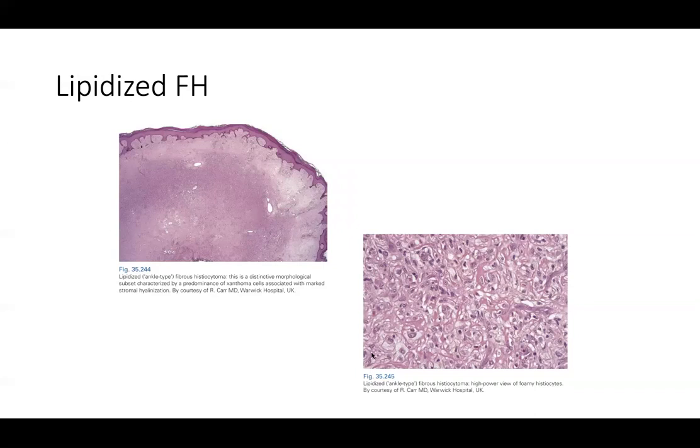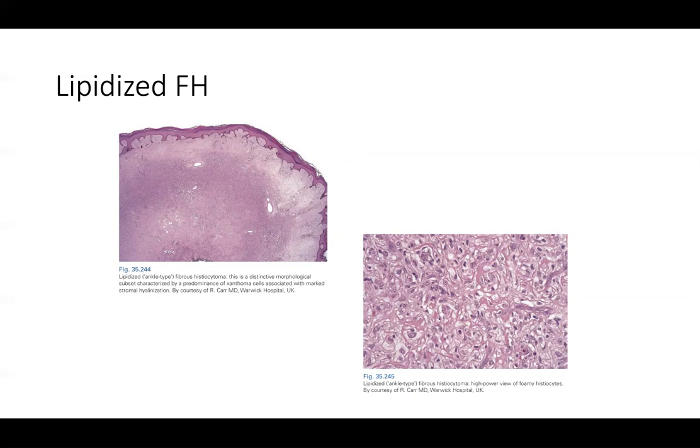The thing that argues for benignity here is that it's very well circumscribed. So you'll often see a predominance of these xanthoma type cells with stromal hyalinization, but then once you get to the outside of the neoplasm, you just see normal dermis. So taking into account the clinical presentation, you'd want to rule out other epithelioid neoplasms that, worst case scenario, you might be concerned about.